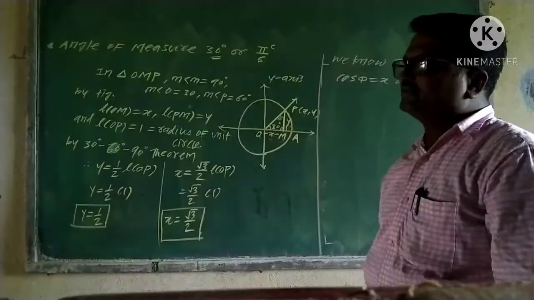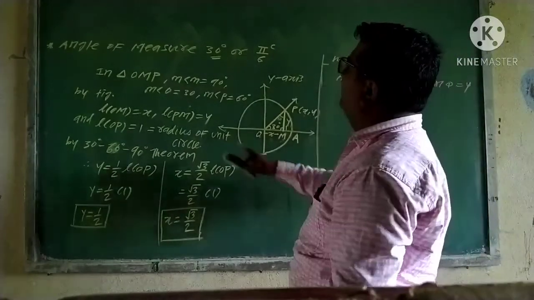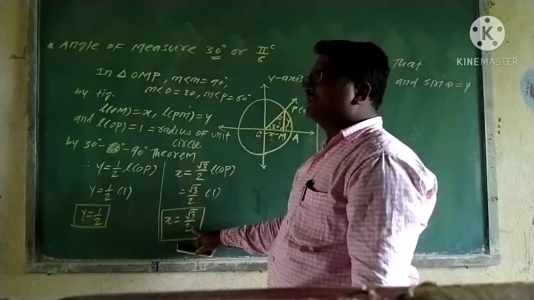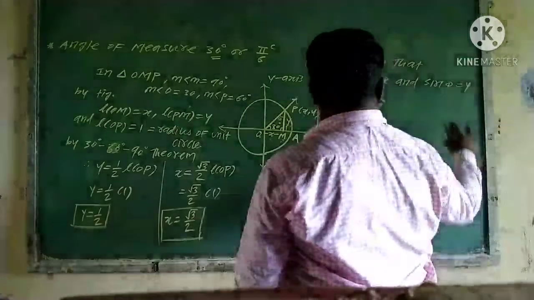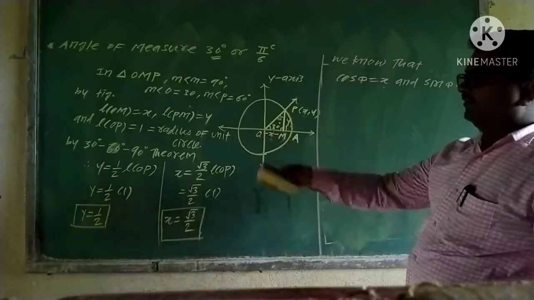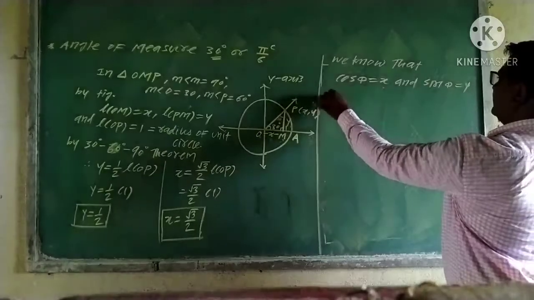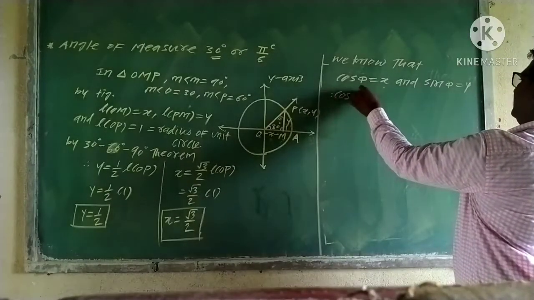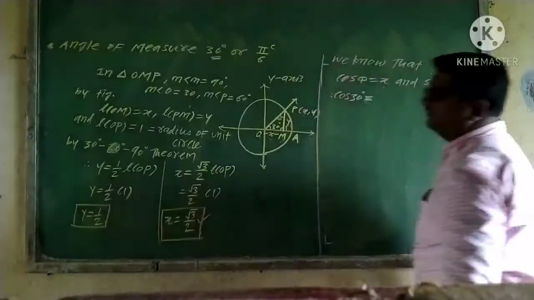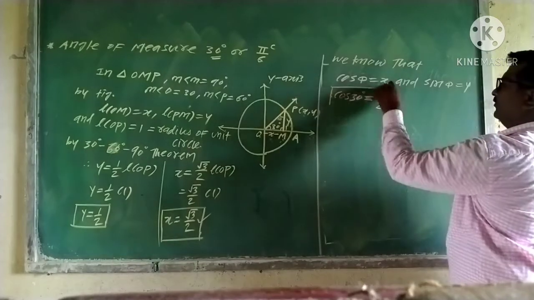Now where theta is the angle of measure 30 degree, value of x is square root 3 upon 2, value of y is 1 upon 2. Now we put in the values which were obtained by using 30-60-90 theorem, so we can write here cos of 30 degree equal to x, and the value of x is square root 3 upon 2.